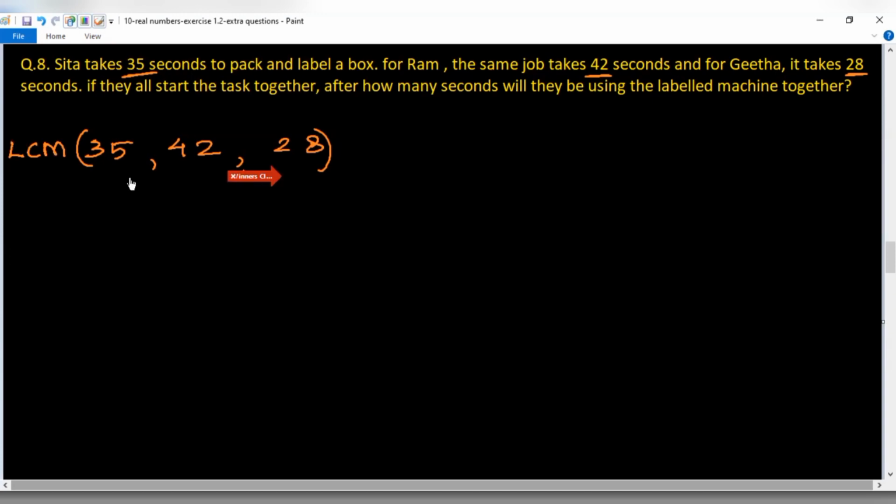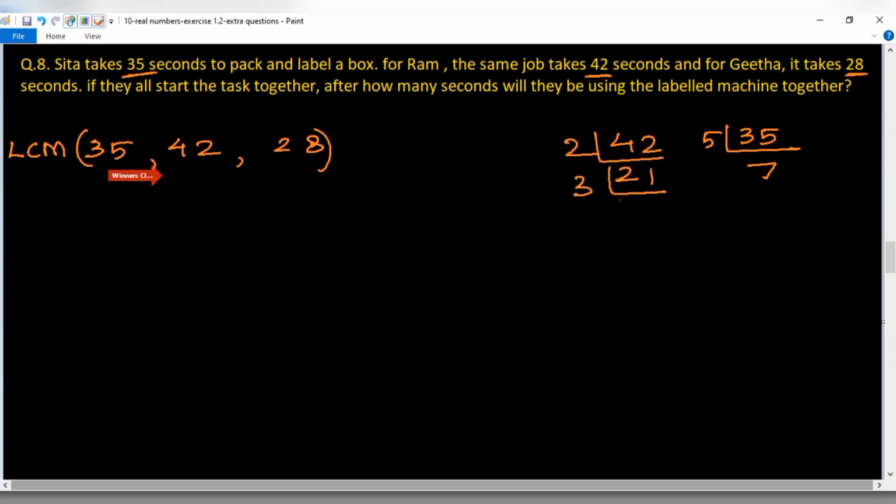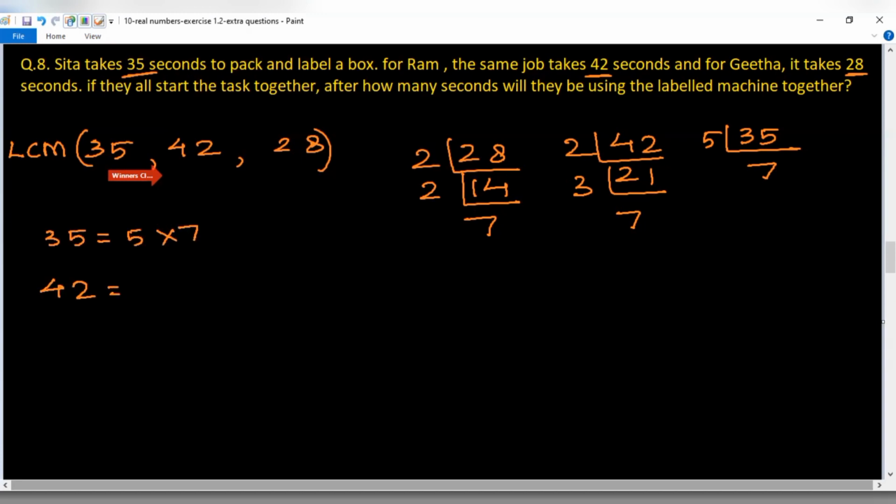Okay, next our job is we have to factorize these numbers. 35 is 5 into 7, and 42 is 2 times 21, then 3 times 7, then 28, 2 times 14, then 2 times 7. Okay, so we can write 35 as 5 into 7, and 42 as 2 into 3 into 7, and 28 as 2 into 2 into 7.